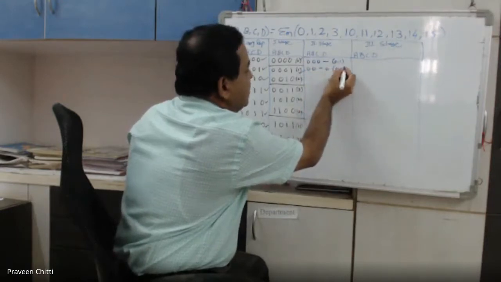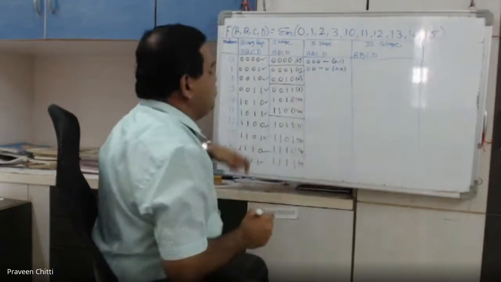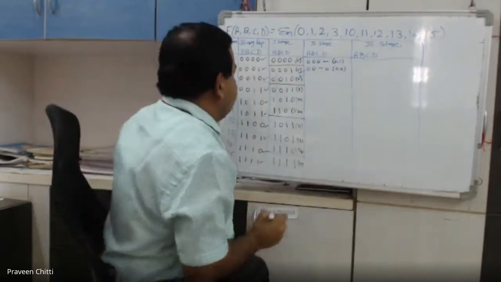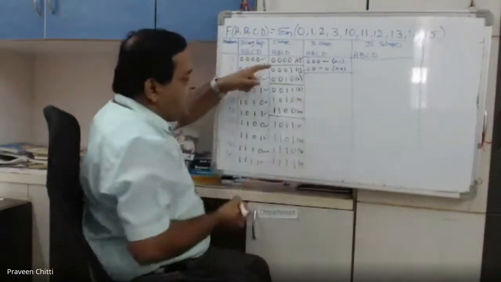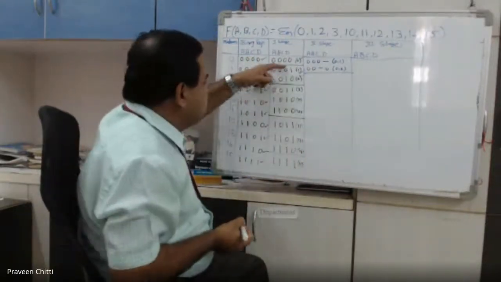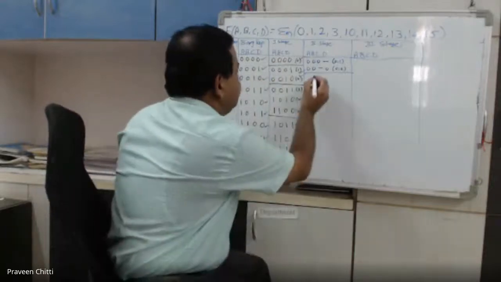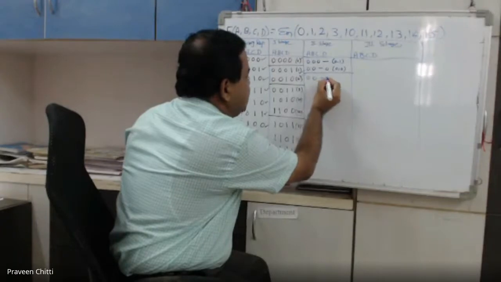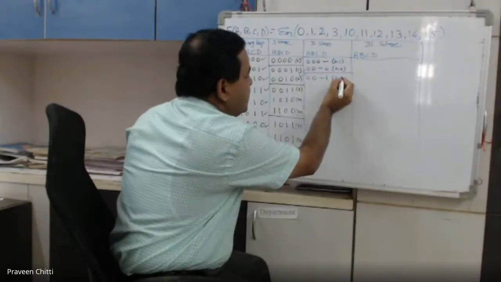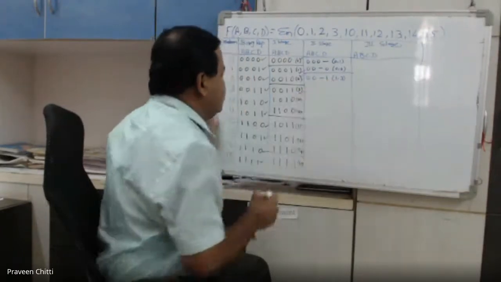Then check 1 and 3: 0, 0, 0, 1 and 0, 0, 1, 1. A single bit change is there, so I have 0, 0, dash, 1. I got it by combining 1 and 3.